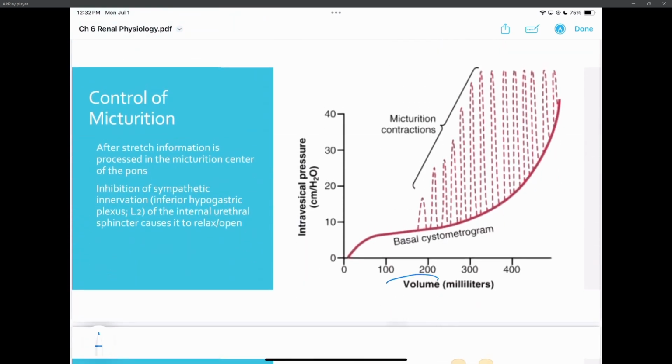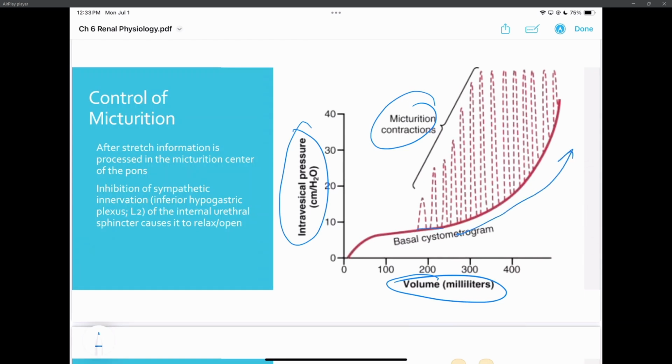This is the volume of urine in milliliters in the bladder, and we have these intravesical pressures. Obviously as the volume of the bladder builds up, we get these micturition contractions. And you see as we go up, with more and more volume, those contractions happen more frequently.